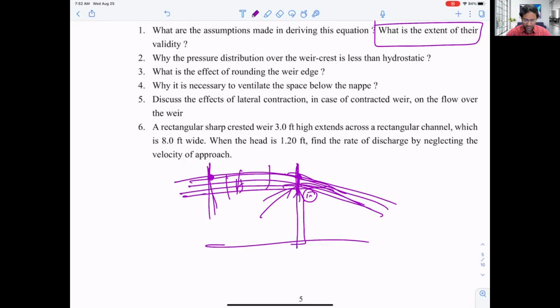And then why is it necessary to ventilate the space below the nappe? Here we have to use a pipe that will allow air in, and the space will be empty. So water will flow freely, and then we'll have increased head there. And if we have an increased value of h, then our equation says our flow rate will be increased.